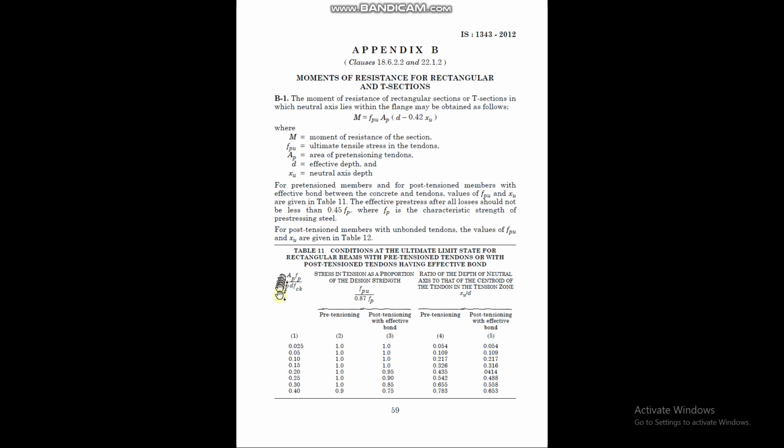In this section, you simply have to find out the ratio that you have in the problem, Ap fp divided by b d fck. What is Ap? Ap is the area of steel in one single face or in the tensile zone, as you remember for RC structures. So Ap is the area of steel available in one particular face of the member. fp is the ultimate tensile strength or the characteristic strength of the pre-stressing steel. b and d are the dimensions, and fck is obviously the characteristic strength of the concrete.